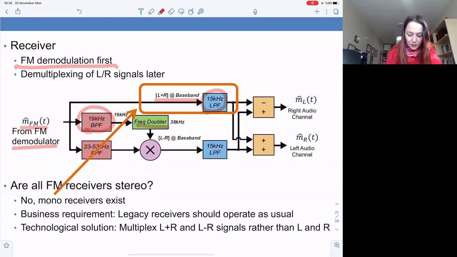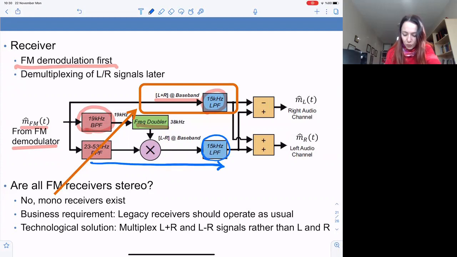Okay, use a frequency doubler, and that is going to help us demodulate the double sideband signal, which we also further low pass filter to receive the L minus R at baseband. And now to recover the right and left, we will add and subtract these two signals.